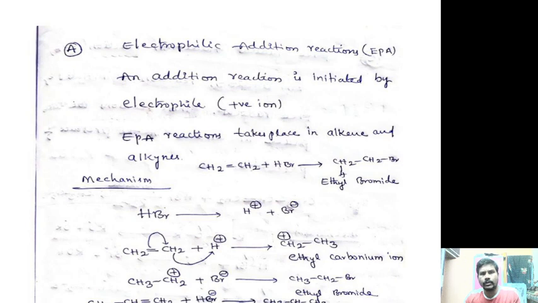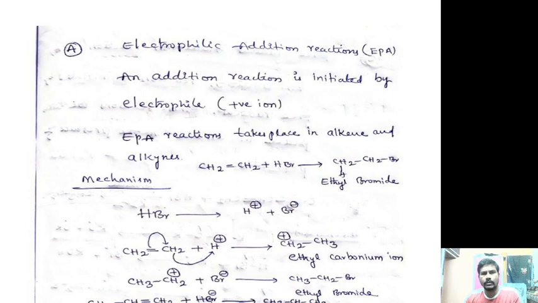For example, ethylene with hydrobromic acid gives ethyl bromide. The unsaturated compound changes into a saturated compound with the help of HBr. Addition takes place here, and you will understand how with the mechanism.